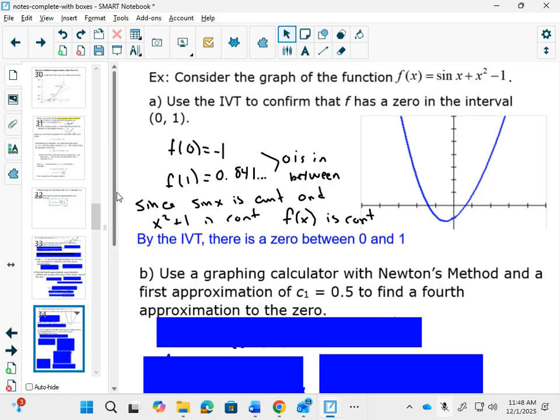Right? The only time you have problems is with dividing, because you might divide by 0. But if you have two functions, you add them together, subtract them, multiply them, and they were both continuous to begin with, your new function is continuous.